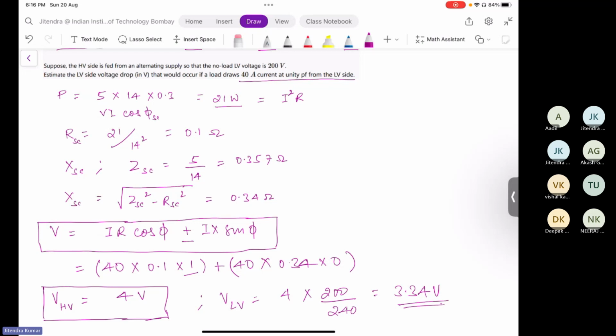Okay, if it is correct, then I guess you all missed one very important point and got confused between the LV and HV side parameters. So read the last statement where it is highlighted in the question.